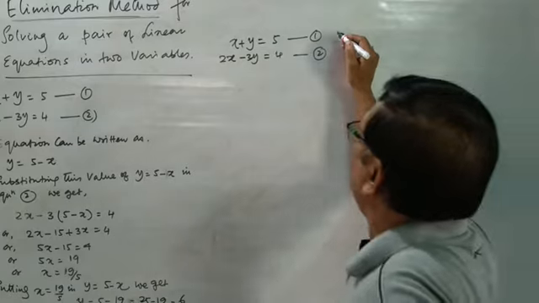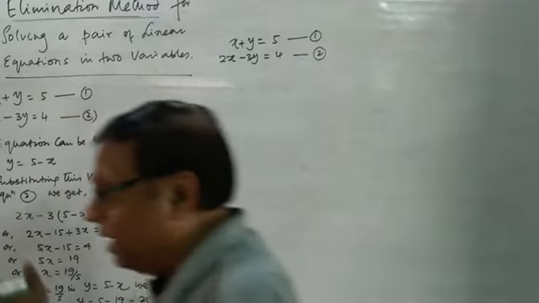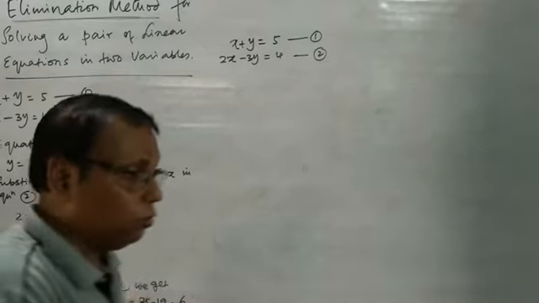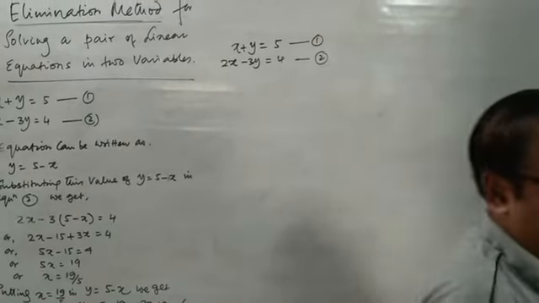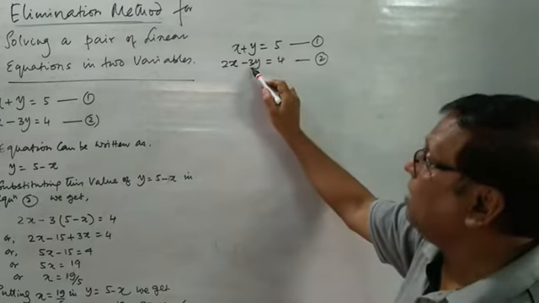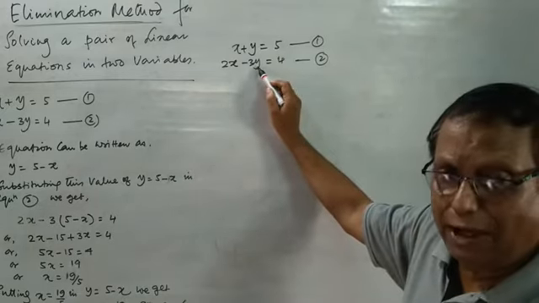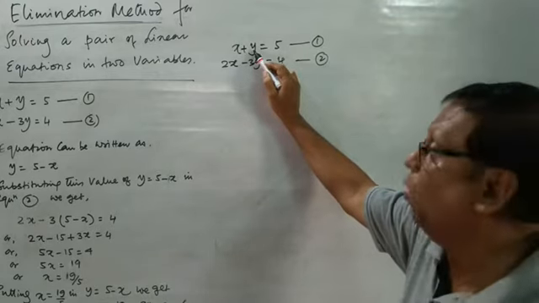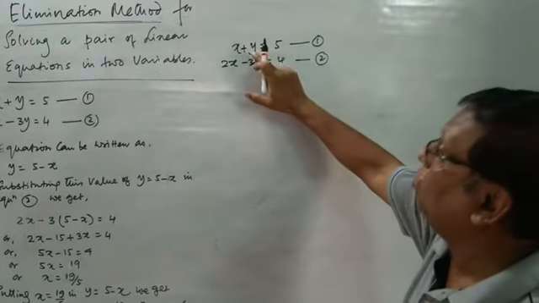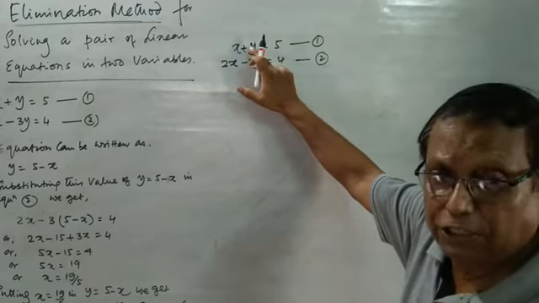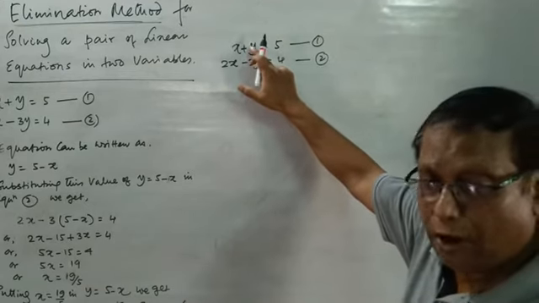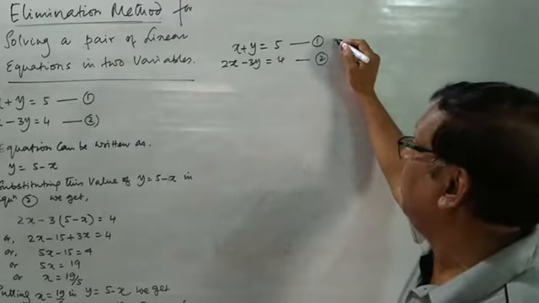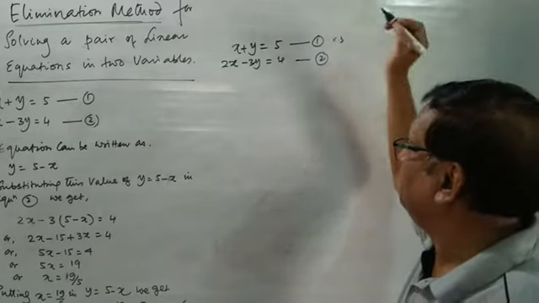So we try to equate numerically the coefficients of the variable which we want to remove. The numerical coefficient of y here is 3, and here the numerical coefficient of y is 1. If we want to bring the numerical coefficient in equation number 1 to 3, we have to multiply equation number 1 by 3.